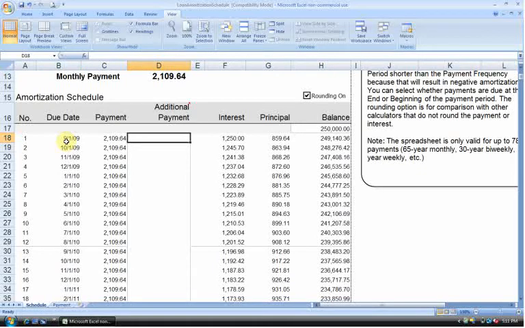Next up, we have the interest and the principal. So you can see how our payment is divided between principal and interest. And finally, we have the balance. The balance represents how much outstanding loan we still have after making this particular payment. As you can see, as we go down the loan here, the balance continues decreasing over time.